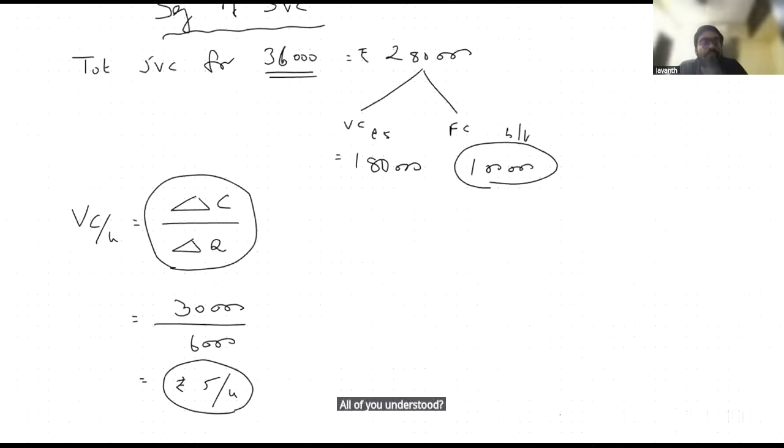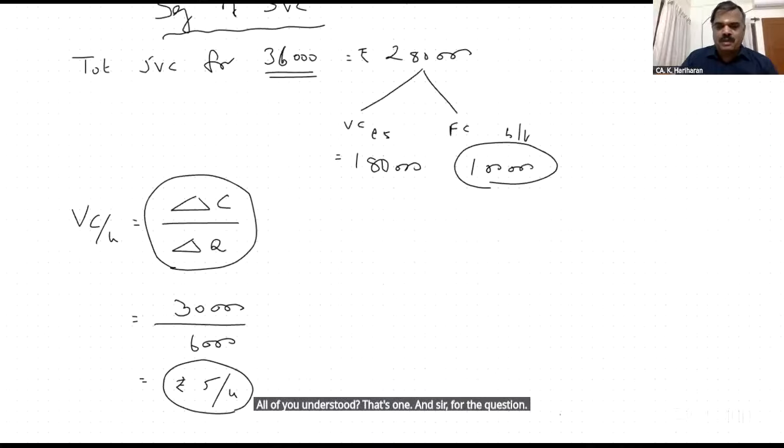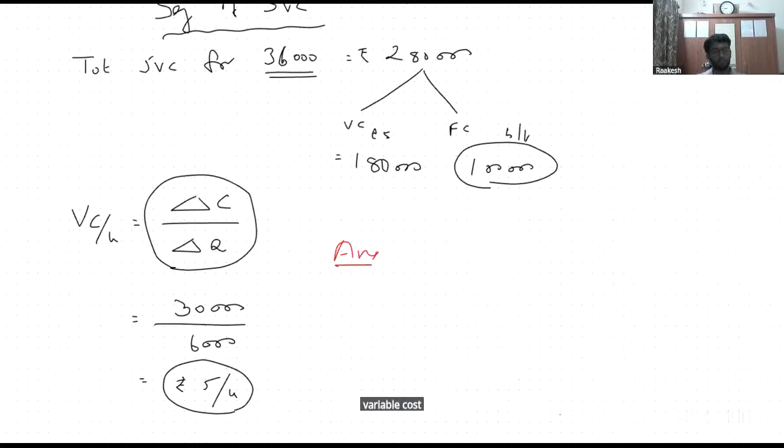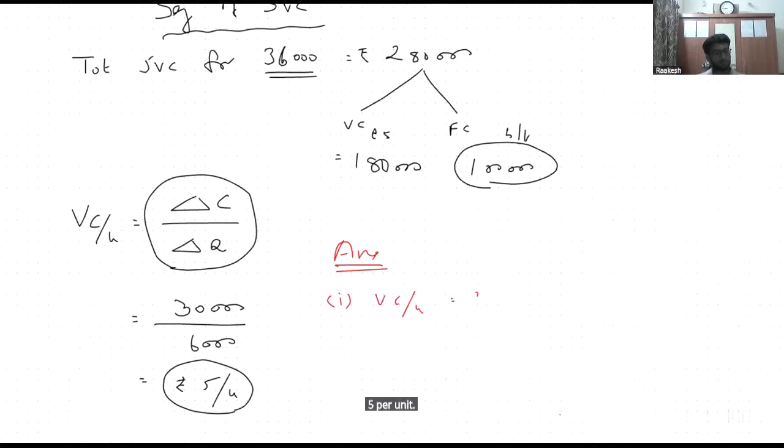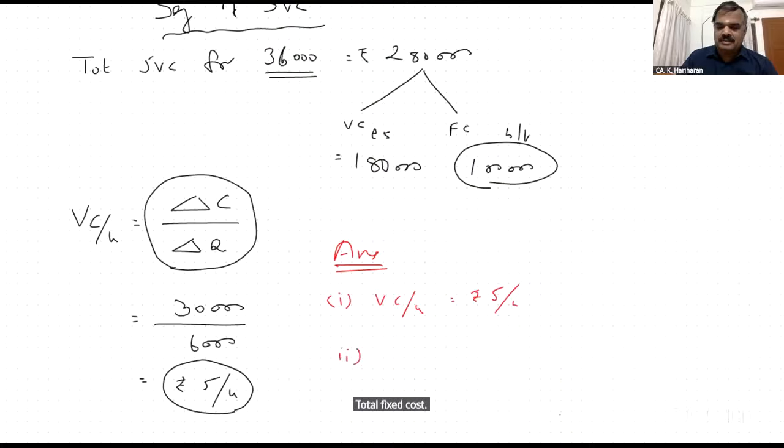Therefore, the answer for the question. What is the first requirement? Variable cost per unit is equal to 5 rupees per unit. Second requirement: total fixed cost, rupees 1 lakh.